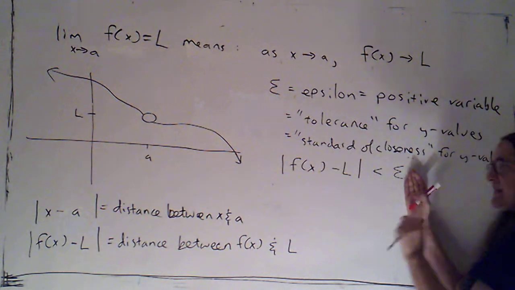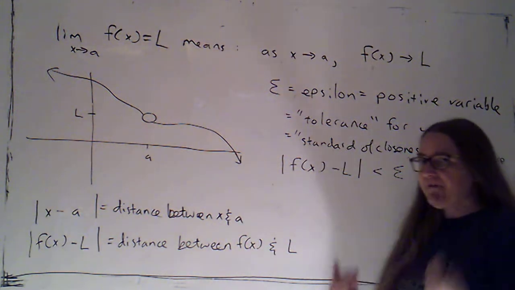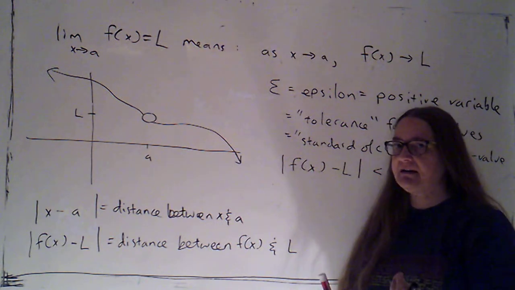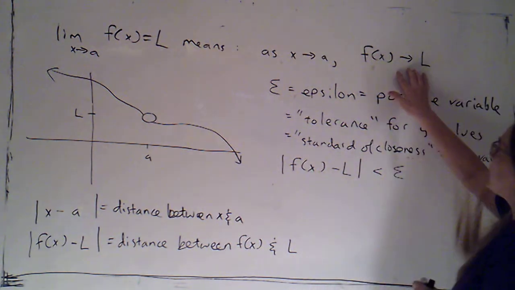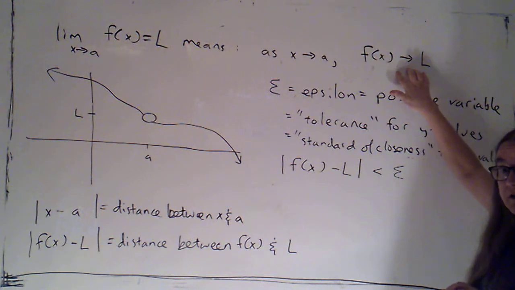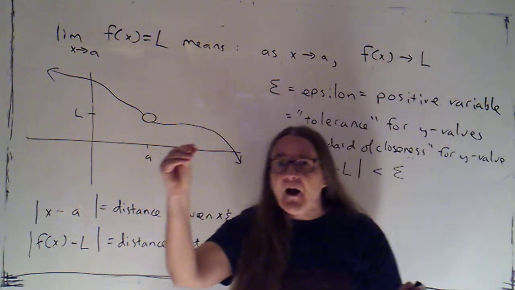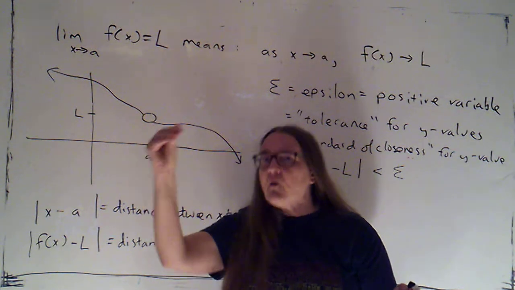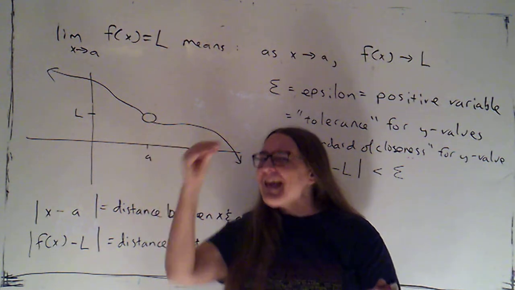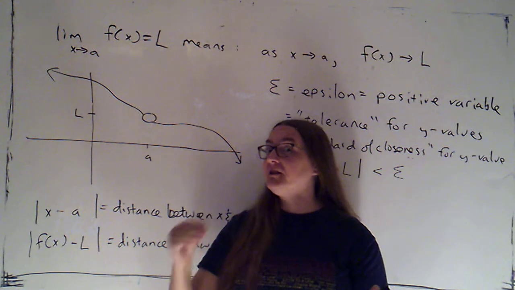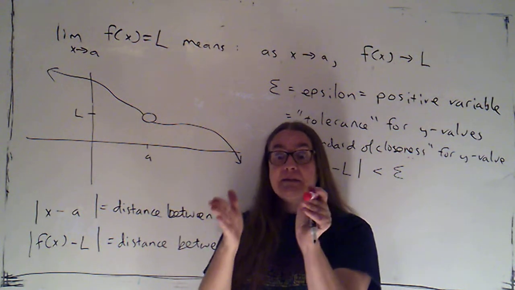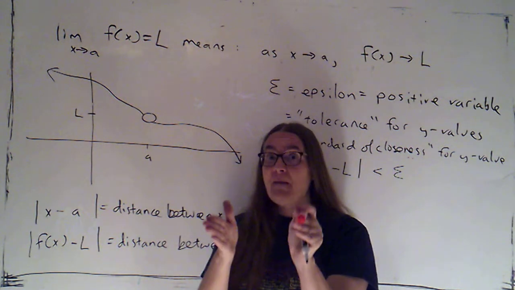But I'm purposely not choosing a specific number for that because I want to be able to show that we can get arbitrarily close. So if I were to say we can get within 0.1 or 0.01 or 0.001, that's not arbitrarily close. That's close by a specific fixed amount.